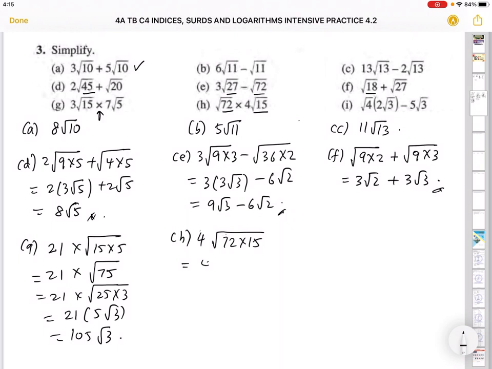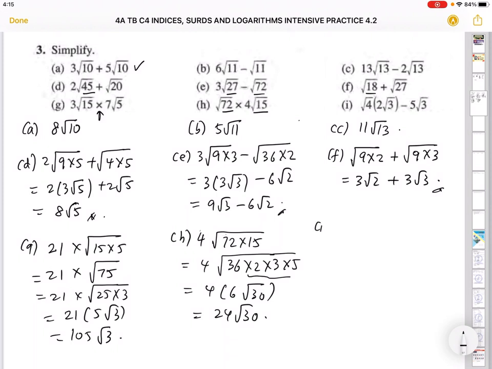Now 72 is, like I say, 36 times 2. 15 is 3 by 5. Now there's nothing we can do with this because they are not perfect square numbers. So what I'll do is I'll just square root 36. I'll get 6. 2 by 3 by 5 is just 30, so it's root 30. Final answer is 24 root 30. I think it's easier to do it this way.